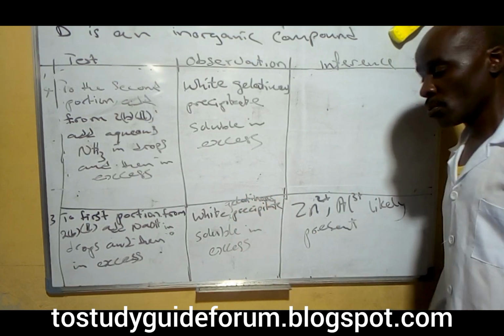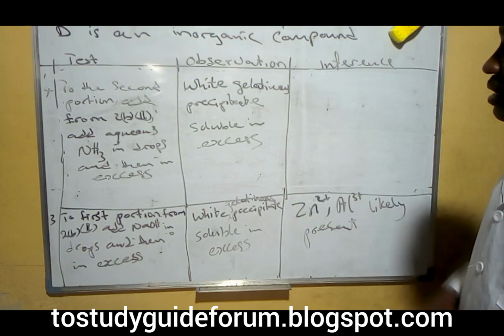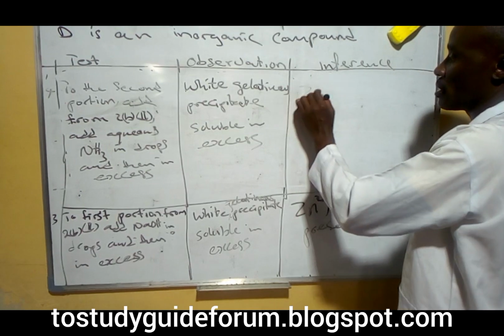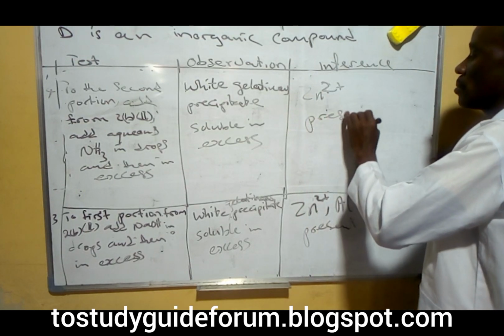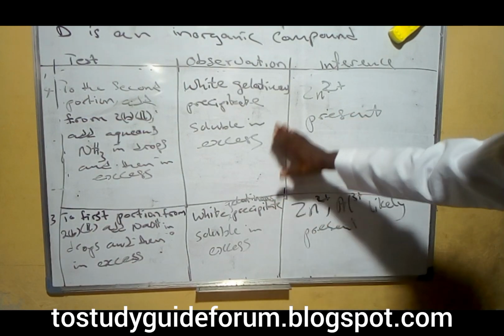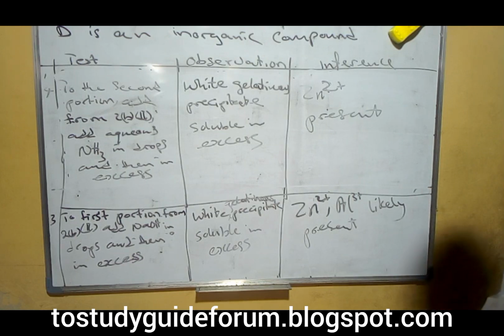Since it's soluble in excess, that means zinc ion is present. So that is the end of that quantitative analysis.